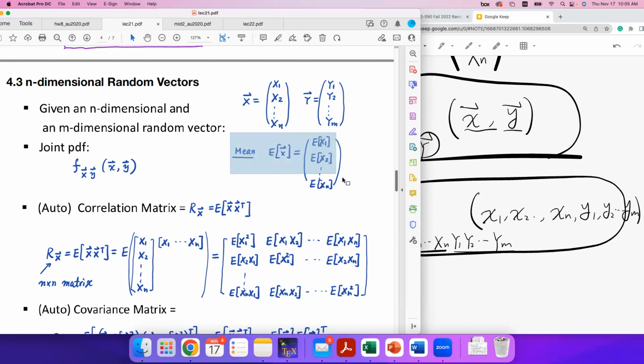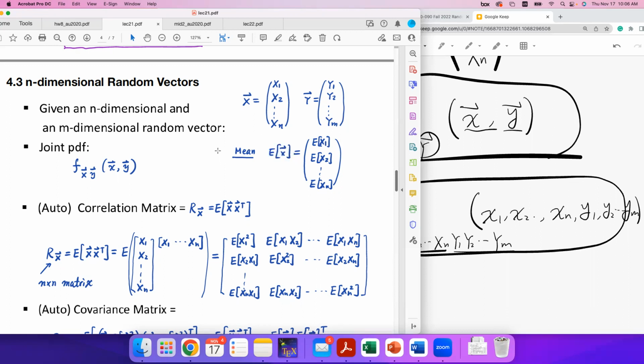And we can define its mean value. The mean value of a random vector is defined as the vector of these mean values coordinate-wise. So basically compute the mean of each random variable in every coordinate and stack all the mean values into a vector. We call this the mean value of this random vector, which is again a vector.